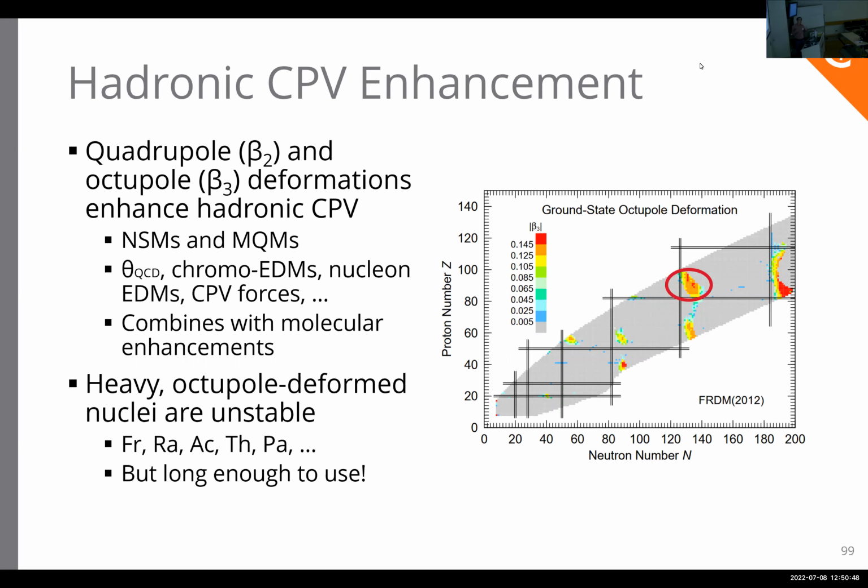So just to remind you, deformed nuclei, quadrupole and octupole deformations enhance hadronic CP violation. Quadrupole deformations enhance MQMs, octupole deformations enhance nuclear Schiff moments, and those give you access to CP violation in the hadronic sector, different from electron EDM searches: things like the strong force CP violation or CP-violating nuclear forces.